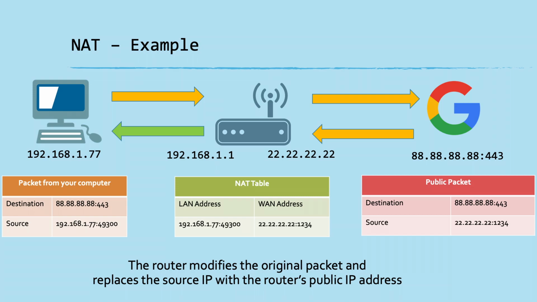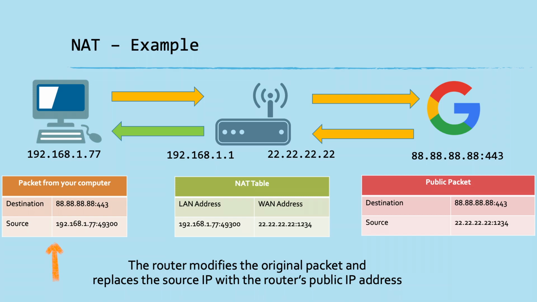Okay, and now this is where it's going to get a little bit tricky. So make sure to pay attention here. Our computer is going to be sending a request to Google. So we start with a packet from our computer, and the packet is going to say, this is where I want the packet sent: 88.88.88.88 on port 443.